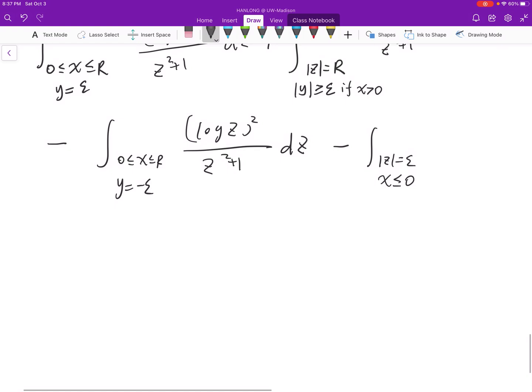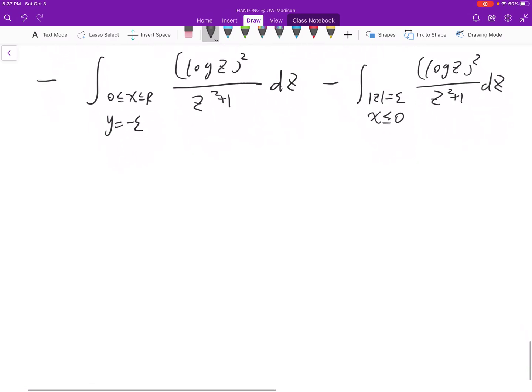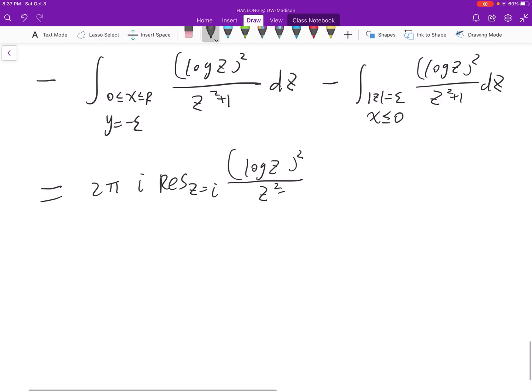Okay. (log z) squared over z squared plus 1 dz. And on the other side, you have the residue part. So the residue is taken at the first pole i, and then the second pole negative i.